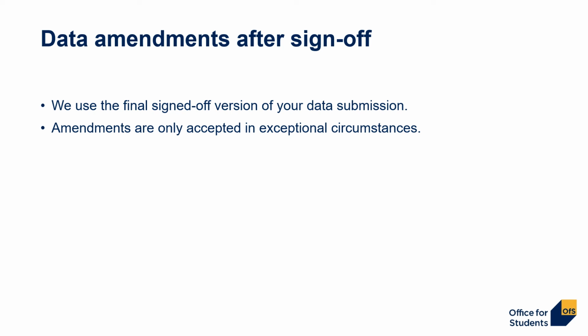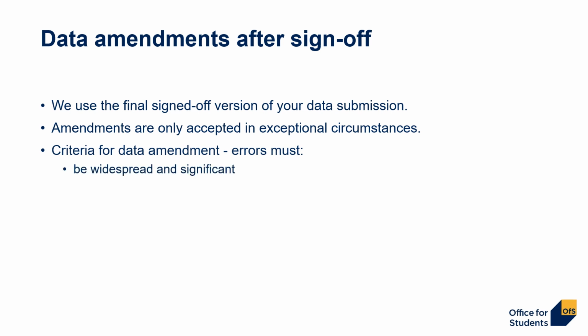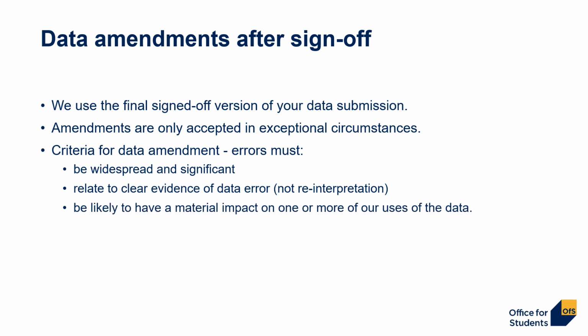To be accepted for amendment, errors must be widespread and significant, relate to clear evidence of data error rather than reinterpretation of the data, and be likely to have a material impact on one or more of our uses of the data. A data amendment panel will assess errors using information provided to it and then decide or recommend whether we require the errors to be corrected.